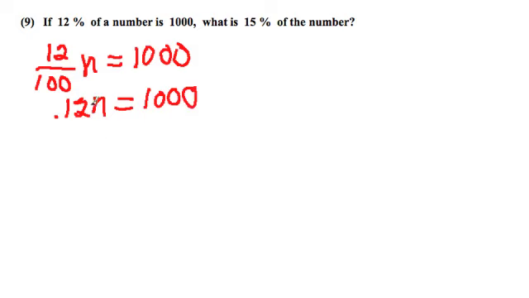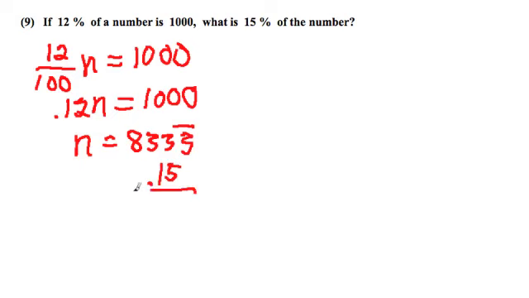If you divide it by 0.12, you'll get something like 8333 repeating. And particularly for a grid-in problem, you want to keep your answer in the calculator, because then you want to multiply that by 0.15, and you'll get 1250.